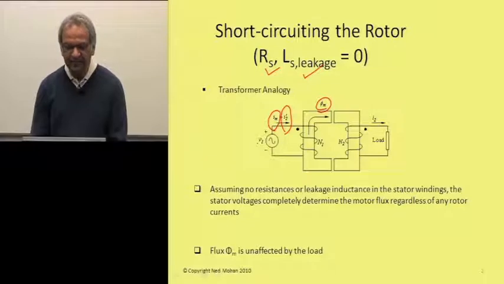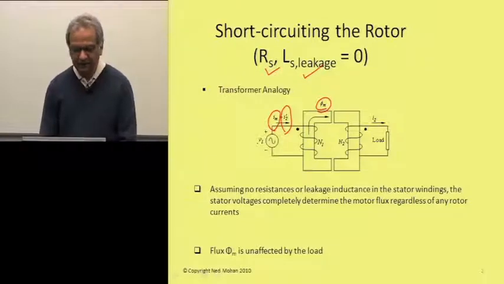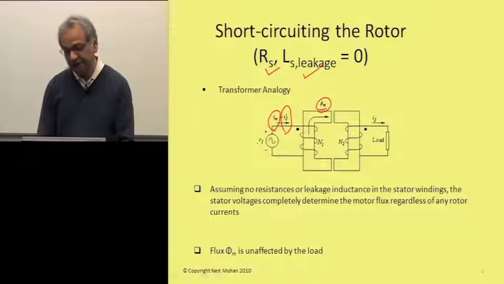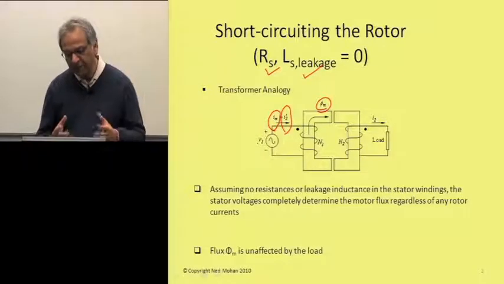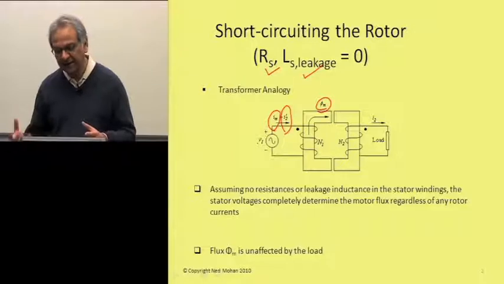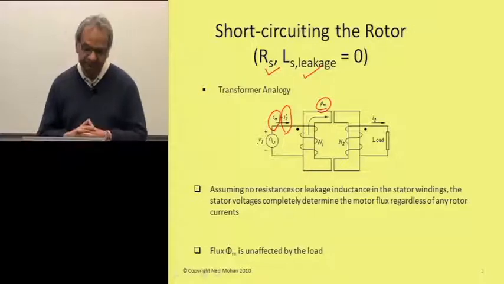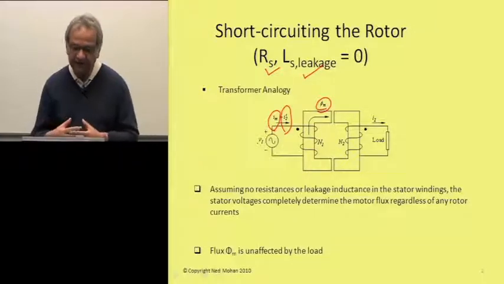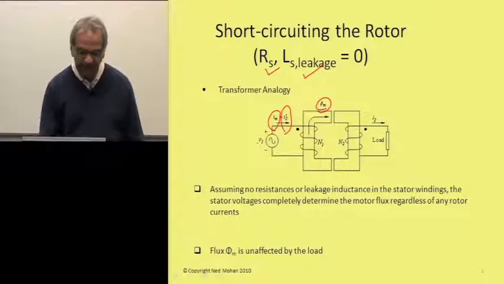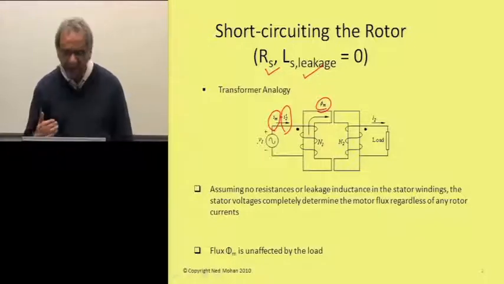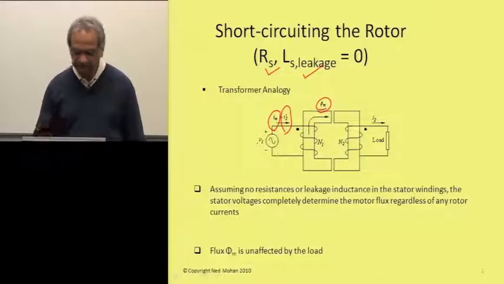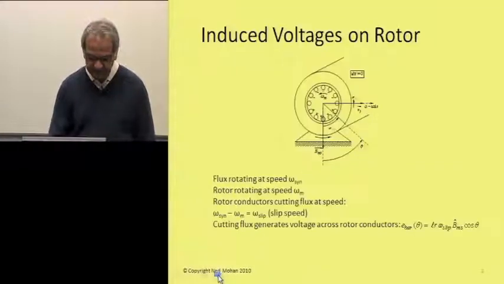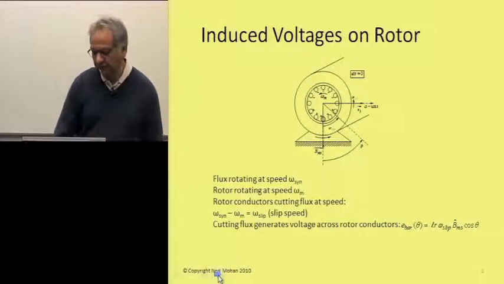And that's how the flux remains unaffected by the load, and this is how the transformer primary knows that something has happened to the secondary winding, because there is no electrical connection here as such, only a magnetic connection. And this is exactly what happens in an induction machine, as we'll see later on.